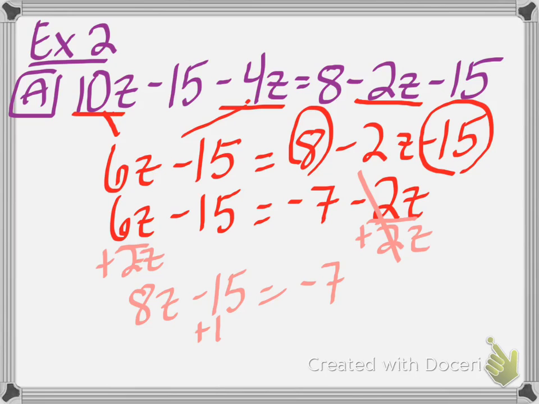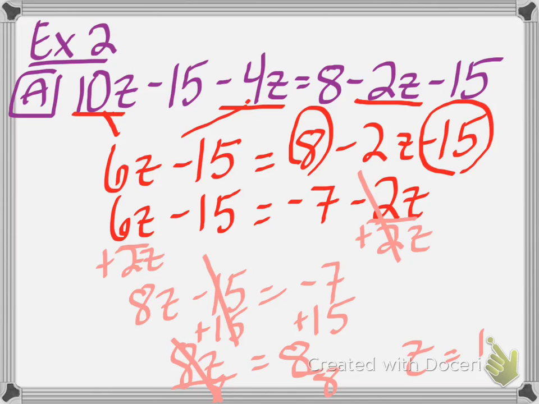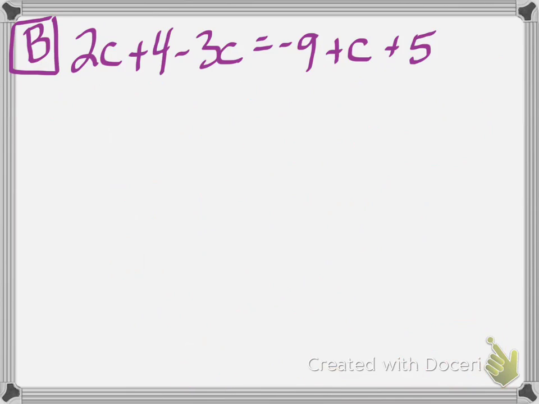Other thing first, let's add 15 to both sides. This goes away. 8z equals -7 plus 15 is 8. You divide it by 8. Oh, I'm running out of space. Becomes 1. z equals 1. So it started out so complicated, and your final answer is z equals 1. That's why I love simplifying these types of equations.